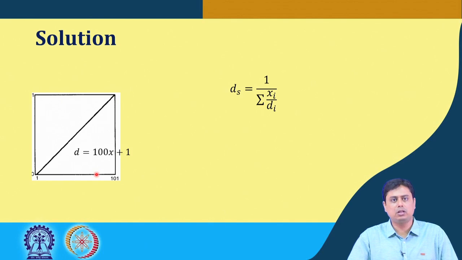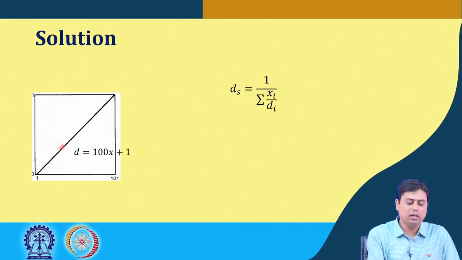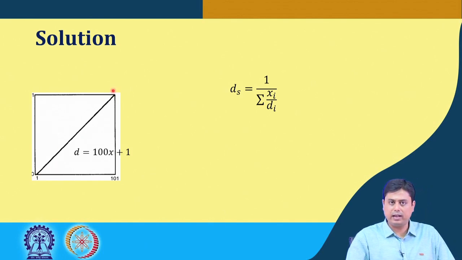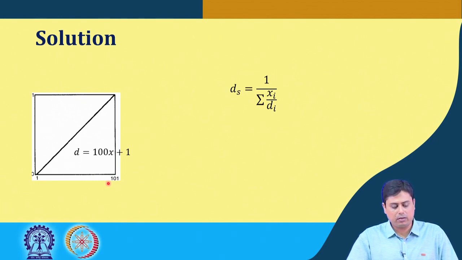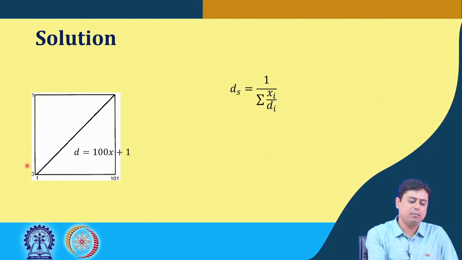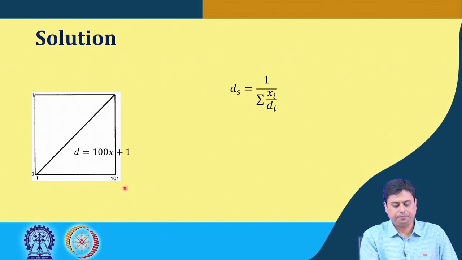This is the linear distribution, so you can easily find the equation for this straight line from the two points that we have already been given: 0 mass fraction for 1 micron size, and 100% mass fraction for 101 micron size. The y axis is the mass fraction from 0 to 1 and the x axis is the particle size range in micron. So the size distribution is d equals 100x plus 1.